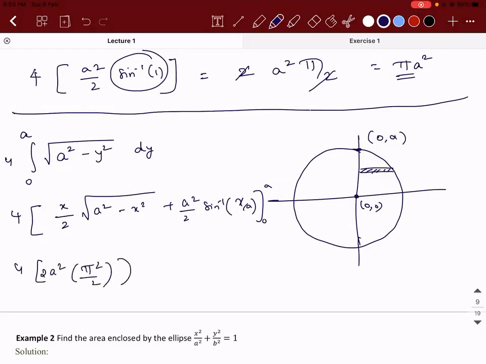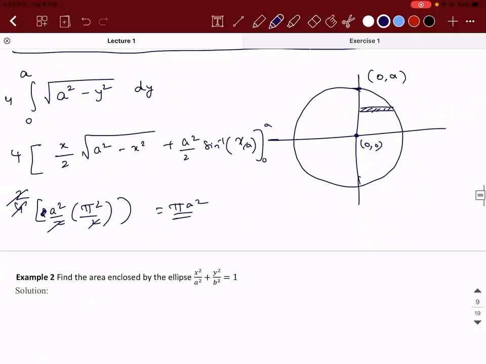Yes, you'll get the same answer. 2, this and this will get cancelled. So irrespective of how you do it, you'll get the same answer. I'm sure you would have solved all these problems, but I'm just giving a different perspective, that you can solve in any direction that you want, provided it is a symmetrical shape.